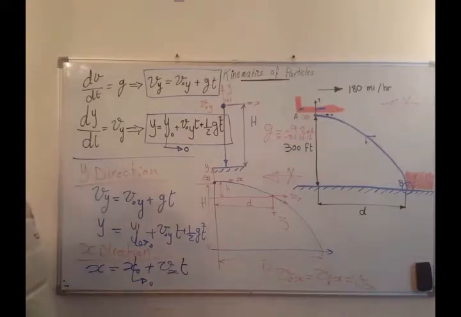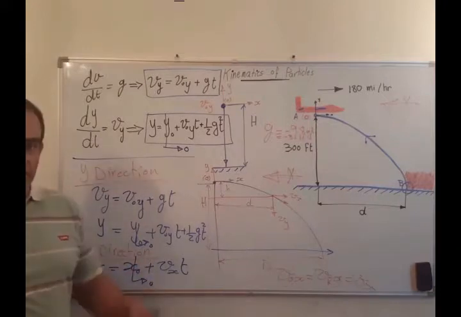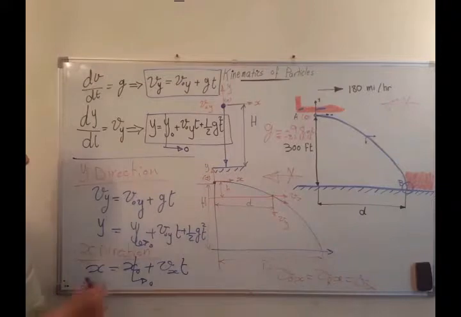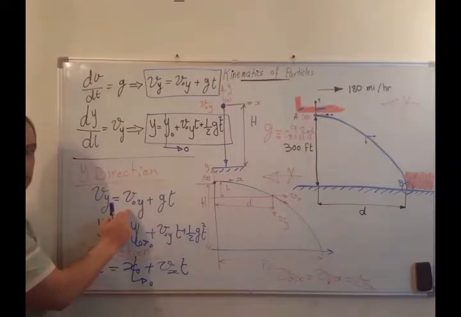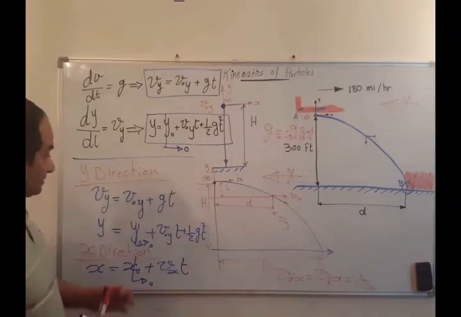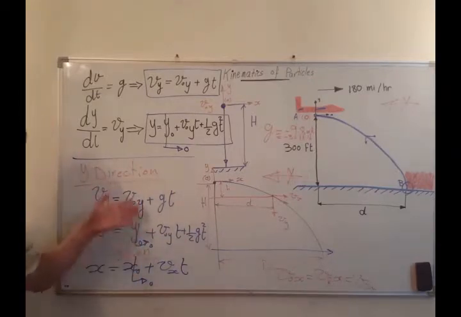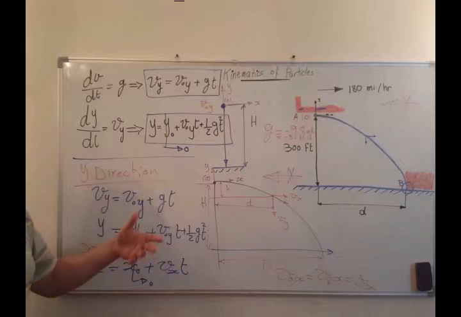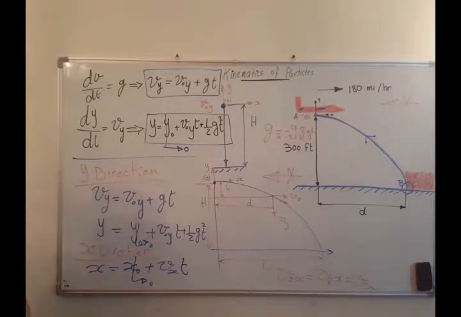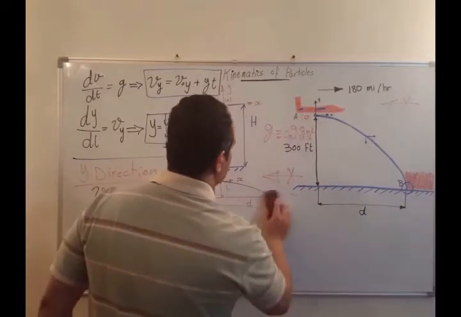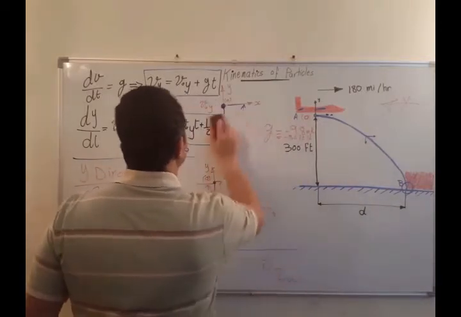As long as the problem mentions that the projectile is dropped, we can eliminate the initial vertical velocity. Sometimes we can eliminate these constants according to the state of the problem. Okay, this is the general view about the projectile.